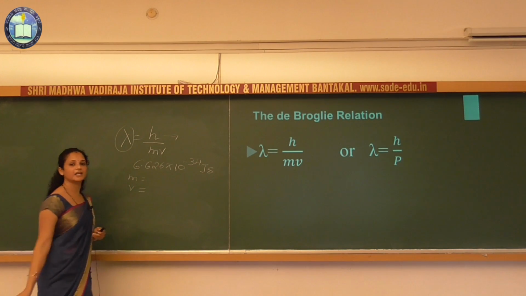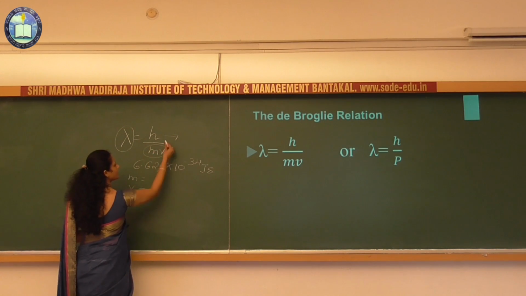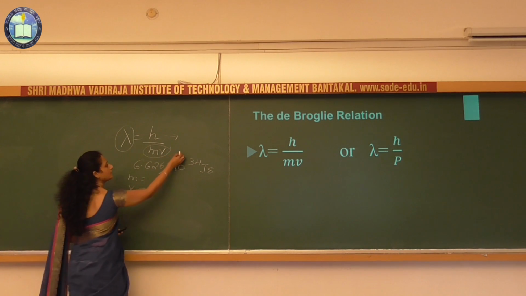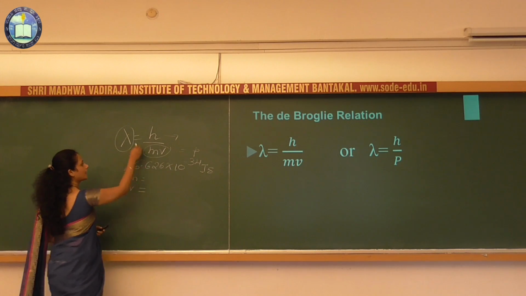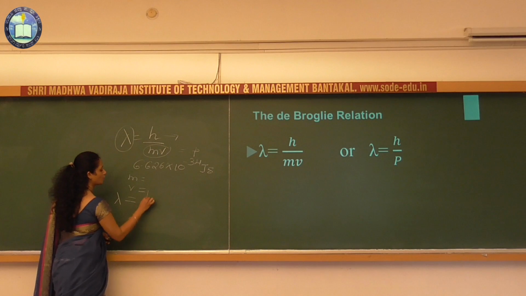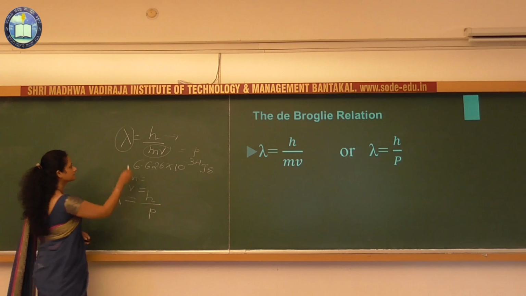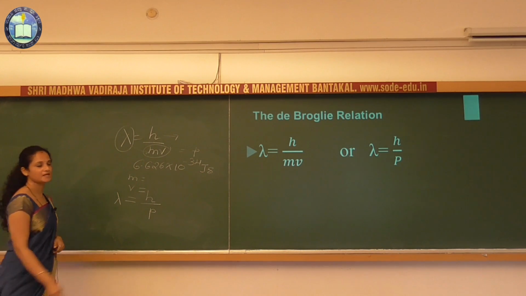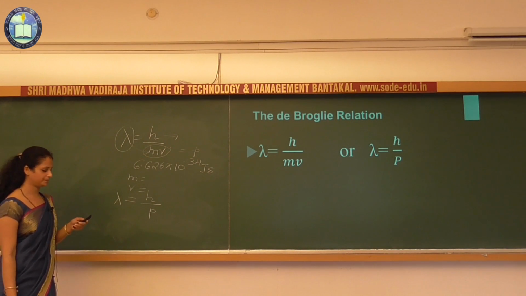V stands for velocity of that moving particle. You also studied that the product of mass and velocity is momentum, which is represented by letter p. So we can also write de Broglie's relation as lambda is equal to h by p. See here, lambda is inversely proportional to mass. Mass and wavelength, these two are inversely proportional.